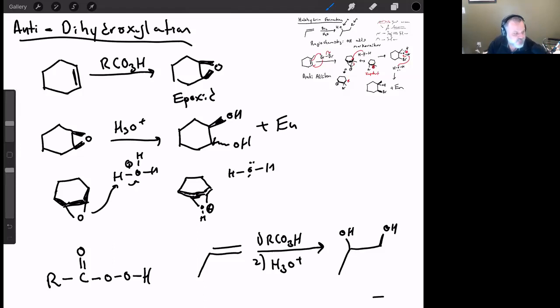Well, again, we have the same sort of situation. When you have the water that comes along and attacks, it can only attack from the less sterically hindered side, and so it attacks from above or below, depending on whatever the opposite of where that epoxide was.